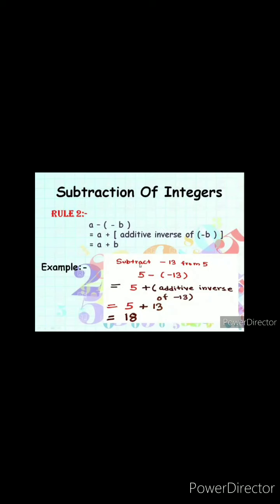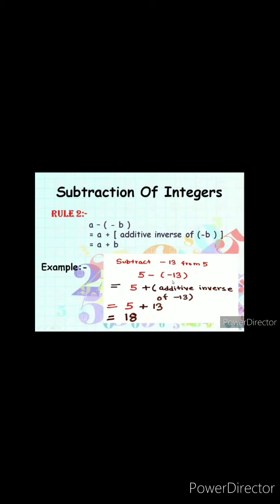Let us have an example. Now suppose we have to subtract minus 13 from 5. We are going to write this as 5 minus under bracket minus 13. Again the same thing. Write the first number, plus sign, and the opposite of the next number.